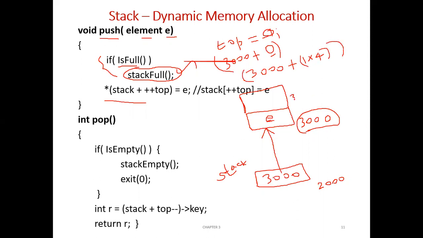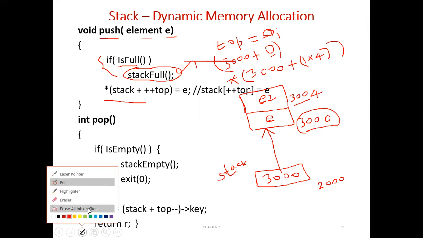So in this location the next element will come, maybe we can call it as e2 or whatever it may be. So like this the function works. Right, so that is star, the value at that location. Okay, 3000 plus 4 gives this location, and in that location this value should come. Fine, so that is about the push function.